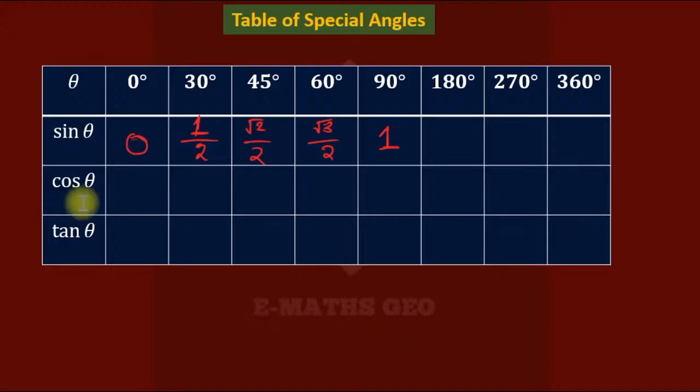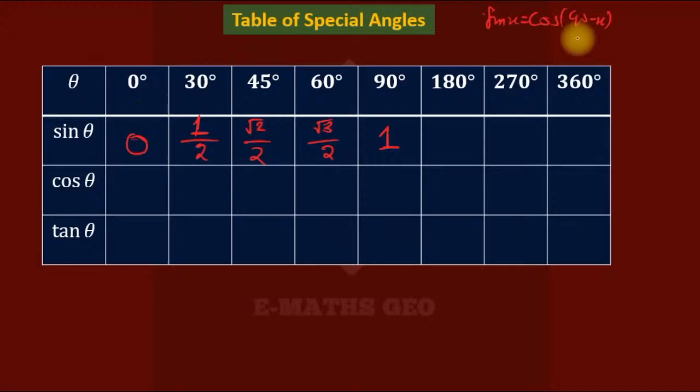Okay, let's do it. From our cofunction identity, sine 0 and cos 90 are the same. Do you remember that sine x is cos of 90 minus x? So sine 0 is cos of 90 minus 0, which is cos 90.